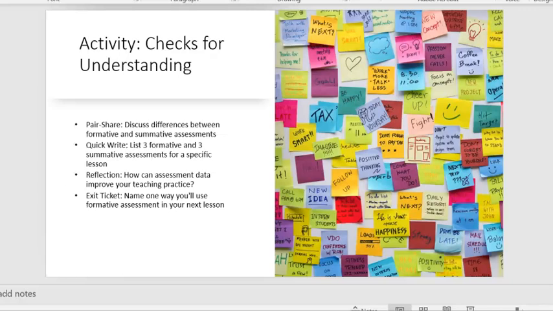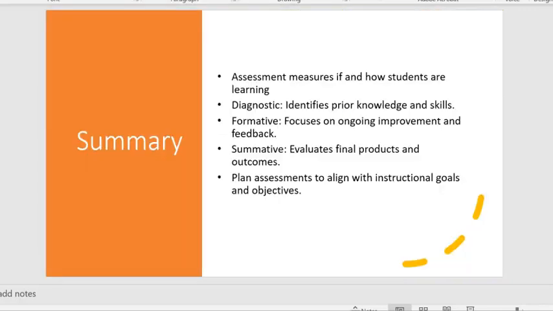I could have you do a quick write listing 3 formative and 3 summative assessments. I could have you do a reflection. So how can assessment data improve your teaching practice? I could also have you doing an exit ticket. So like name one way you'll use formative assessment in your next lesson. These are all examples of some formative assessments that I could be giving you to kind of assess how you are feeling about and your knowledge on assessments after all of this.